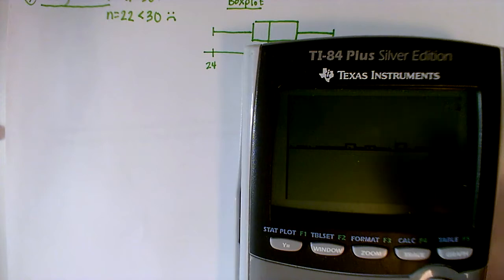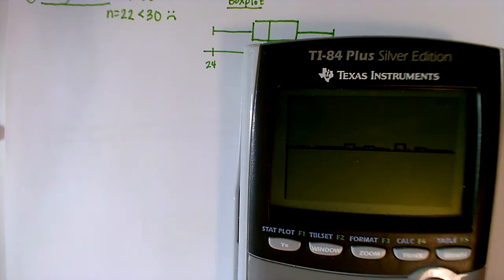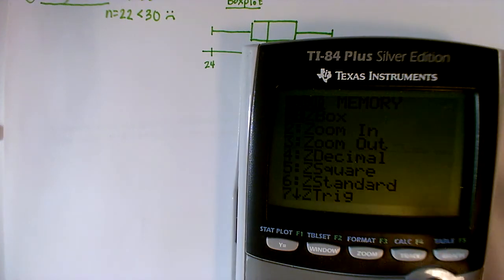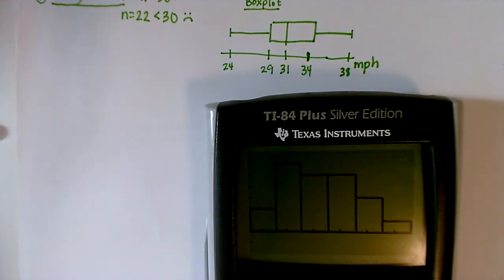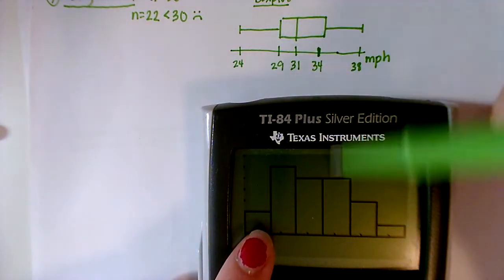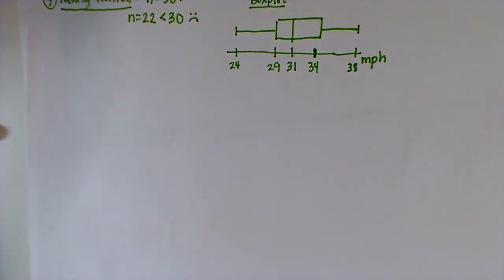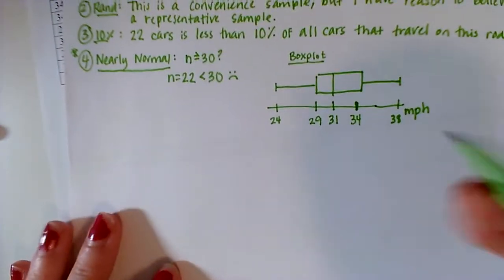You're going to graph it, and then you're going to go to zoom 9 so that you can see the graph a little bit better. Once I click zoom 9, I can see. Now, you tell me, is it unimodal? The only thing I can't see on my box plot is if it's unimodal, but this is definitely unimodal according to my histogram. So all I have to do now is describe what I just saw.